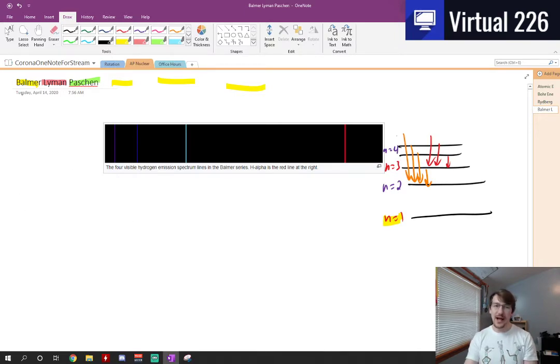The one thing that's a little weird about Rydberg's equation, and gave scientists a bit of a headache, is that it works perfectly for atomic hydrogen. But when you look at helium, it works pretty well. And when you go beyond helium, it completely breaks down.